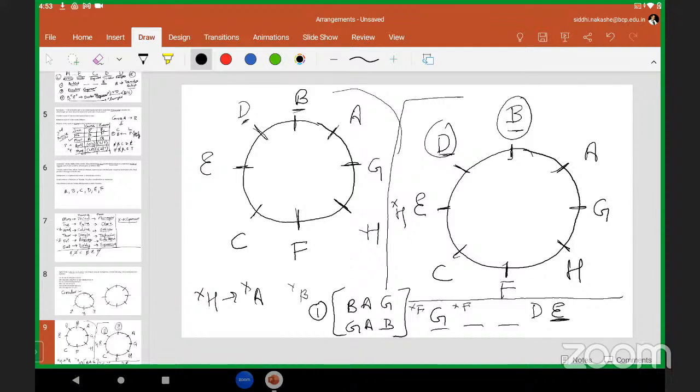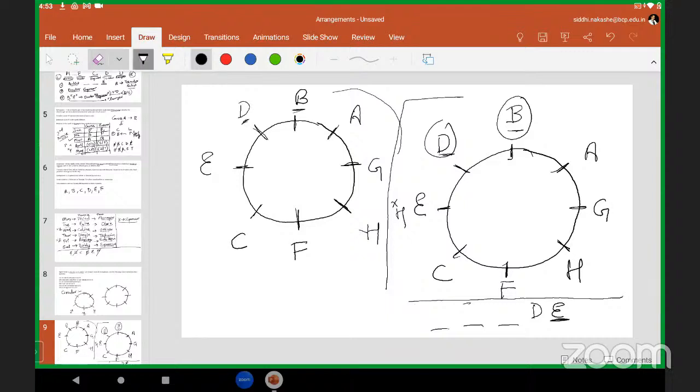So if we want this condition to be written in a linear manner, we can start it from anywhere we wish. So let us suppose we are starting from G. So G, A, B, D, E, C, and F, H. So I'm writing it from G, and then I'm starting from A because it is from the right position.